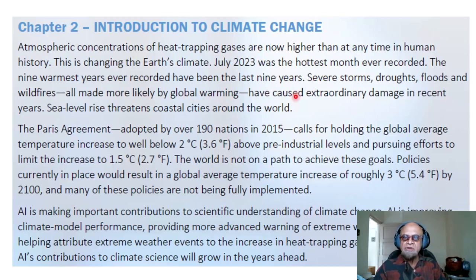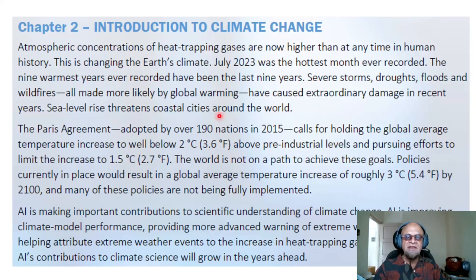July 2023 was the hottest month ever recorded in instrumental records, but people have extended back with these kind of ice core records and so on. The 9 warmest years ever recorded have been the last 9 years. Severe storms, droughts, floods, and wildfires, all made more likely by global warming, have caused extraordinary damage in recent years.